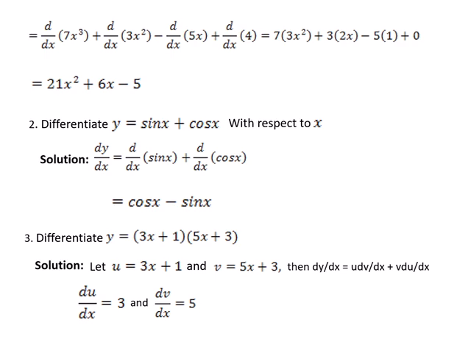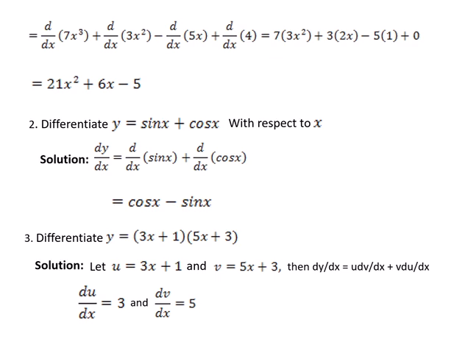So let u be equal to 3x plus 1 and v equal to 5x plus 3. Then dy/dx will be equal to u dv/dx plus v du/dx. That is the product rule we are employing here.